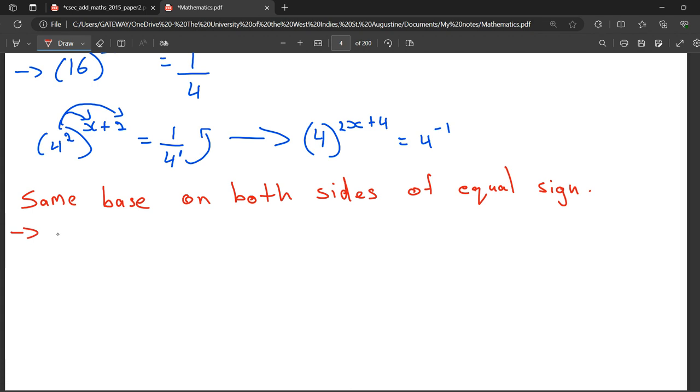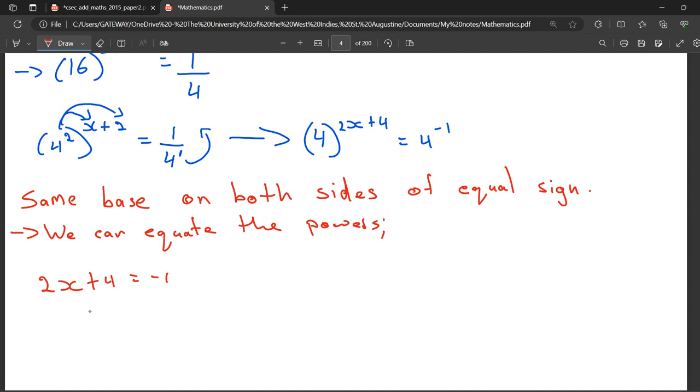If we equate the powers, we will get the power on the left hand side, which is 2x plus 4, would be equal to the power on the right hand side, which is just negative 1.